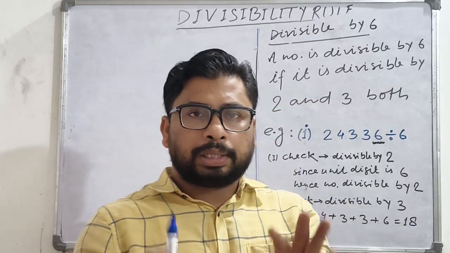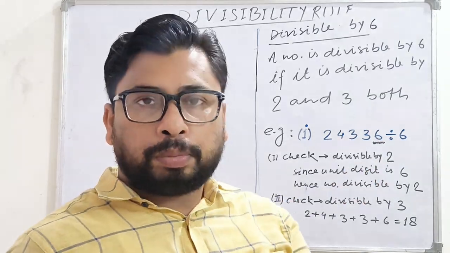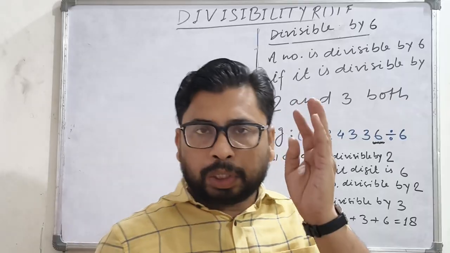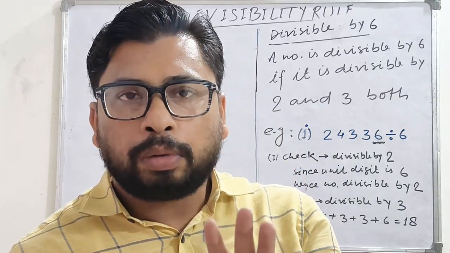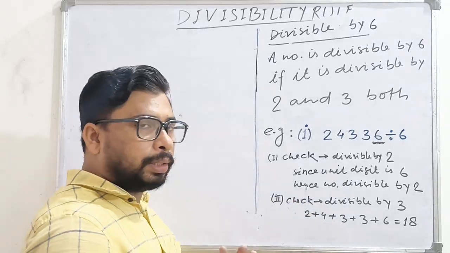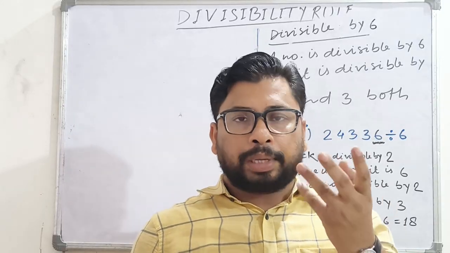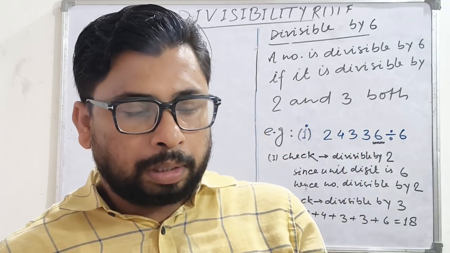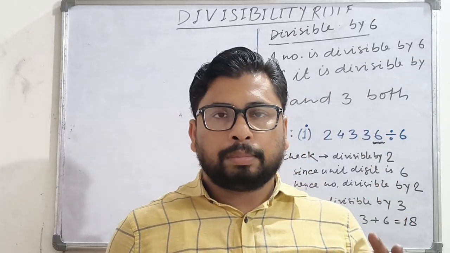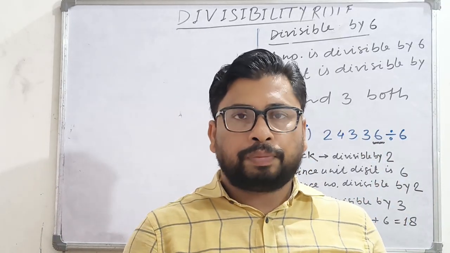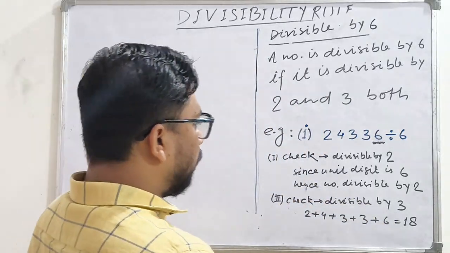If you want to speed up your calculation, you have to memorize the tables from 2 to 20, the squares of 2 to 20, and the cubes of 2 to 20 at least. You have to be expert in LCM and HCF, sums of fractions, decimals, percentages, and so on.